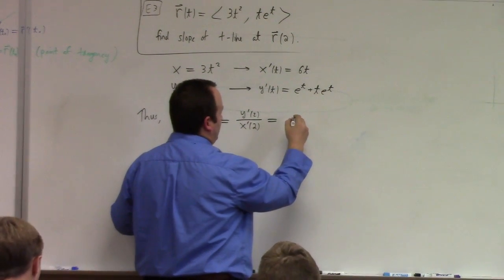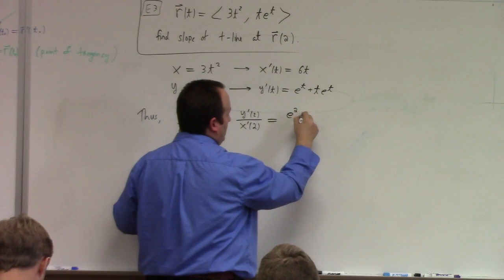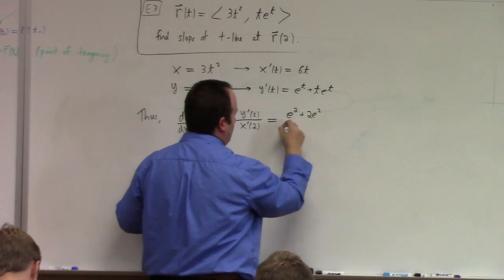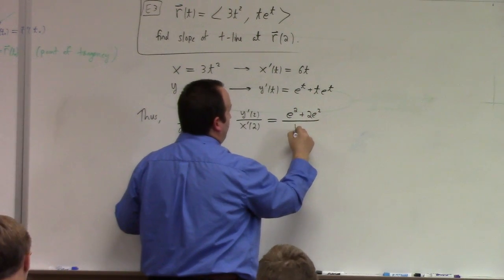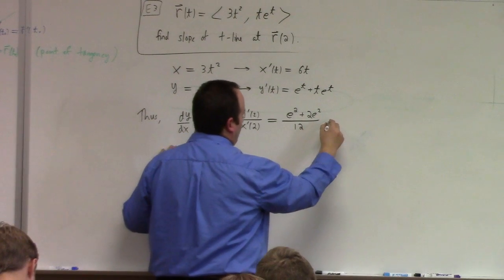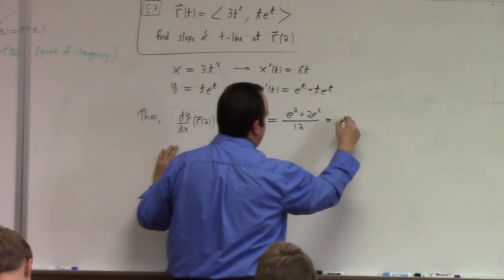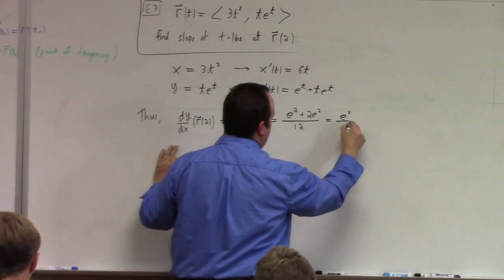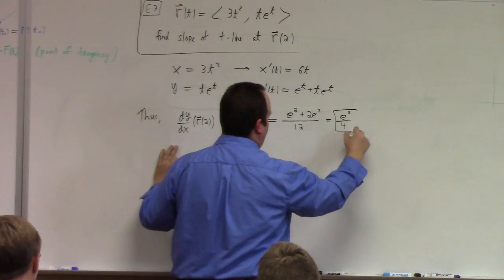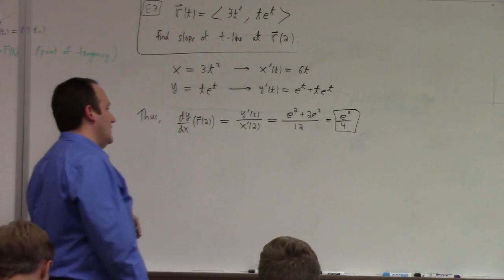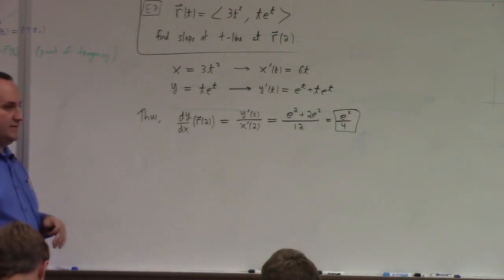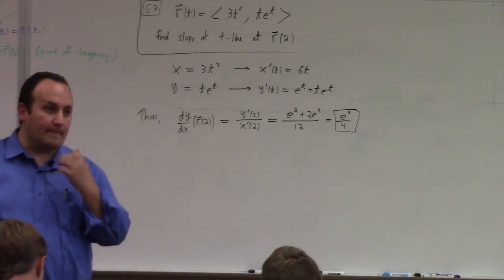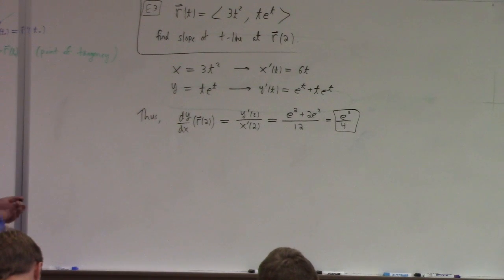That's e to the 2 plus 2e to the 2 divided by 12, or cleaned up, e to the 2 over 4, because 1 plus 2 is 3, and 3 over 12 is 1/4. And so there you go, there's the slope of the tangent line.